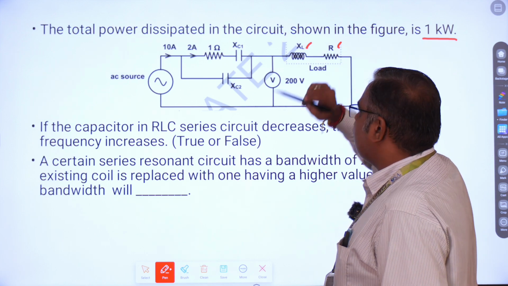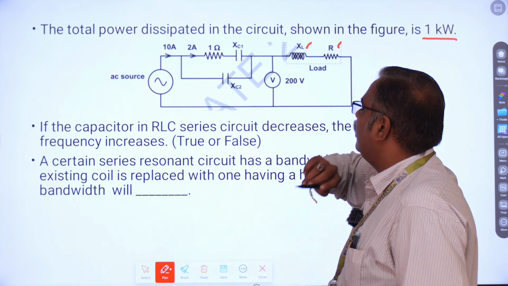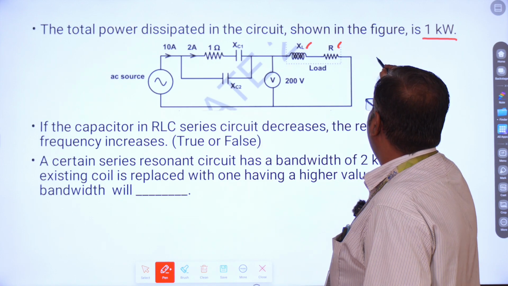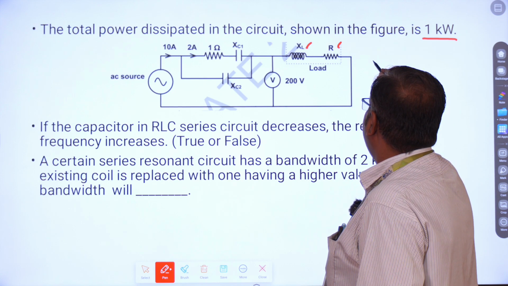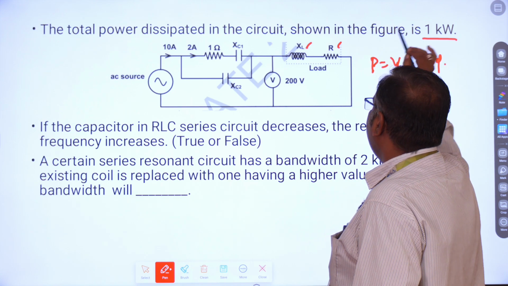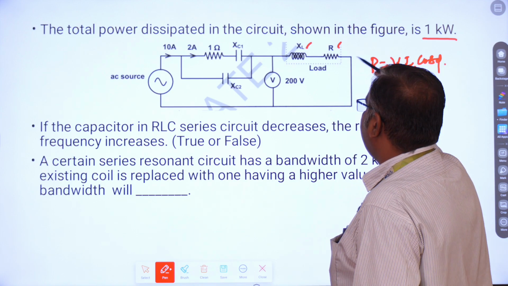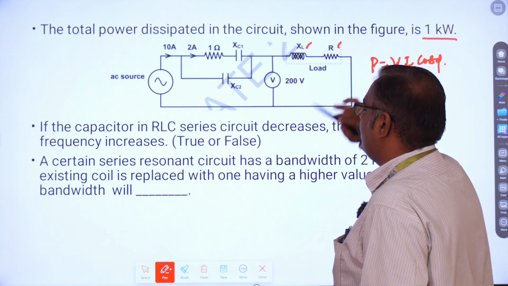When the total power is given, we can calculate the value of voltage. Power is equal to VI cos phi. Here V we do not know, I has been given as 10, and cos phi we do not know.